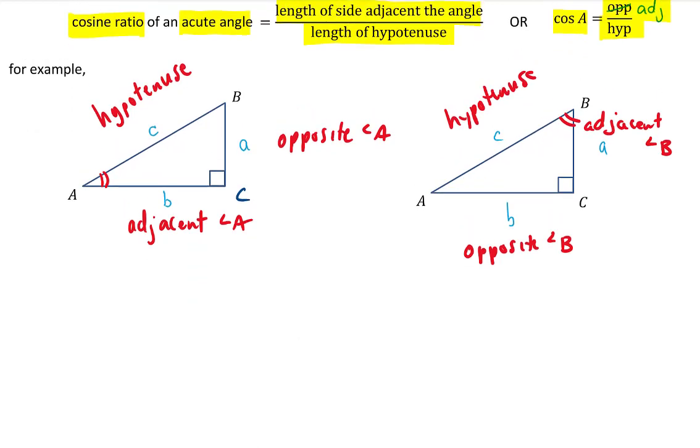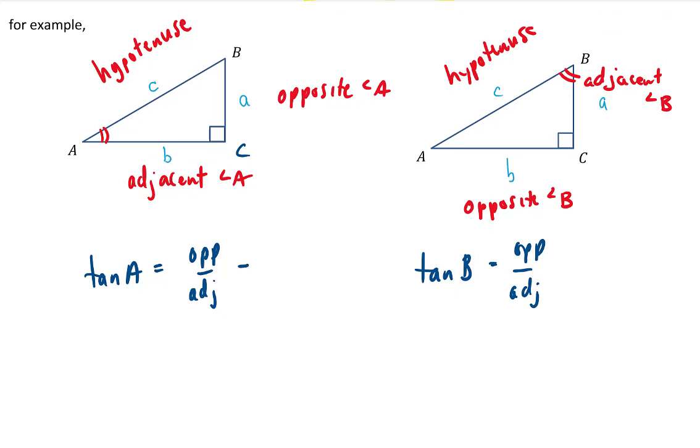So if I want the tangent ratio, the tangent of angle A, or the tangent of angle B, remember tangent is opposite over adjacent, opposite over adjacent, for the angle you're focused on. So for our first example, if we look at angle A, opposite angle A is side a, and adjacent to angle A is side b.